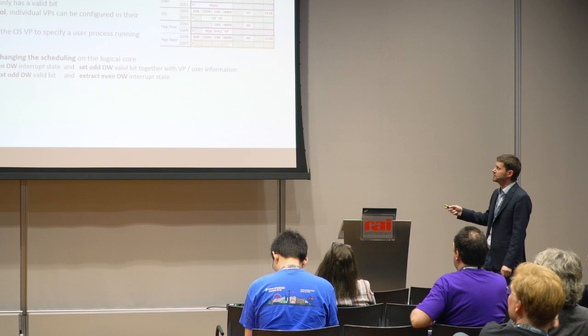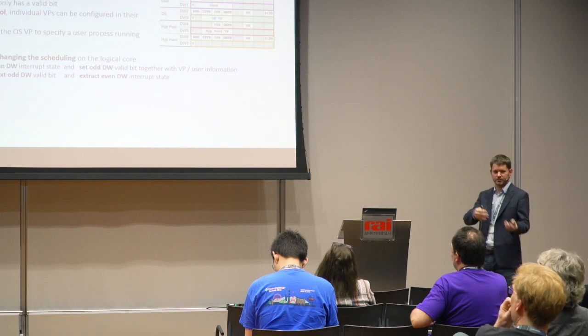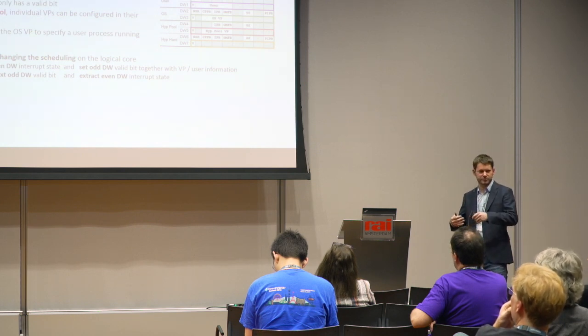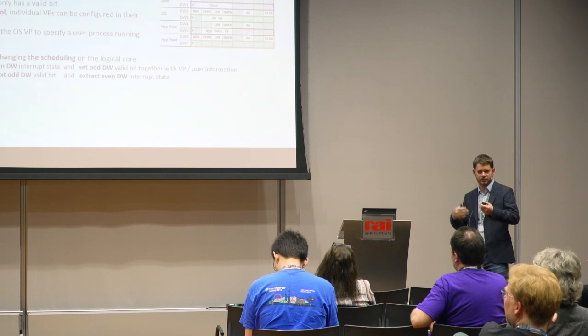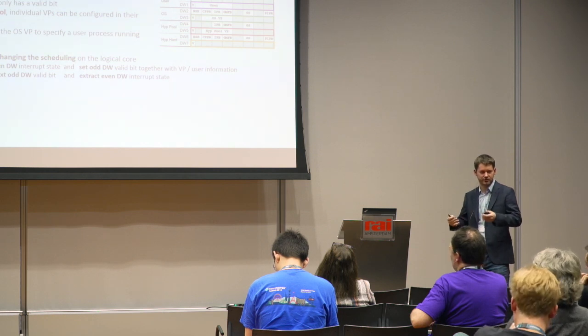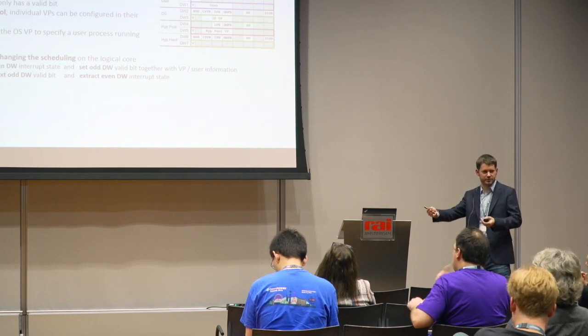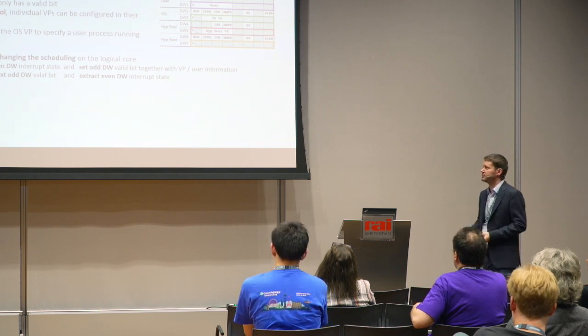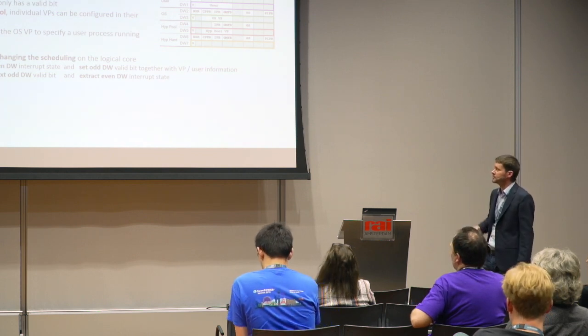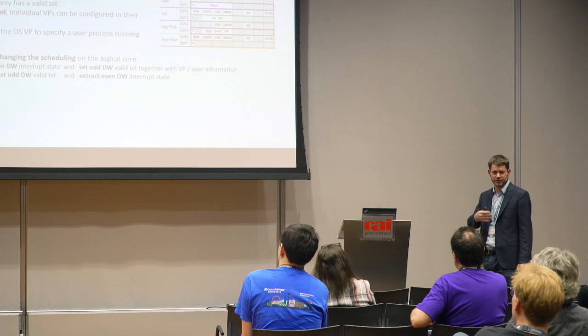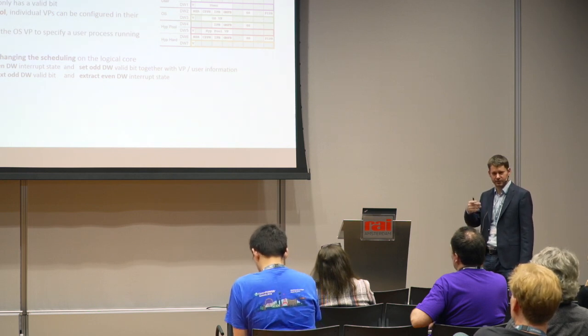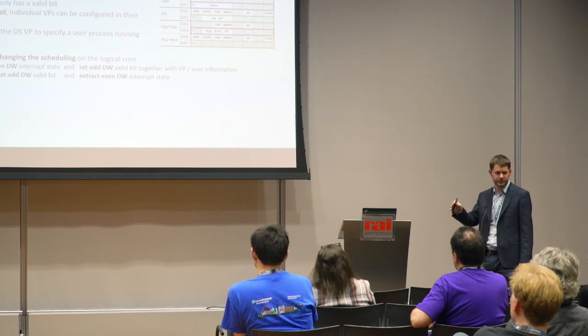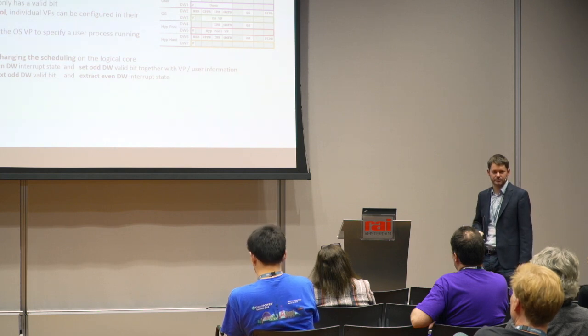And then you're reading the even double word to take out the current state of the interrupt, so at which priority it's running and so on, so that you can then put it in again when you reschedule. So like this, you don't lose any scheduling state, and the preemption is really seamless from the operating system perspective.